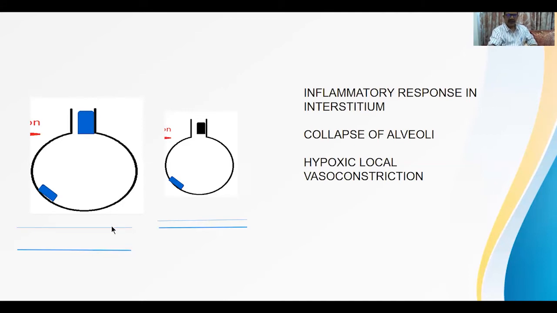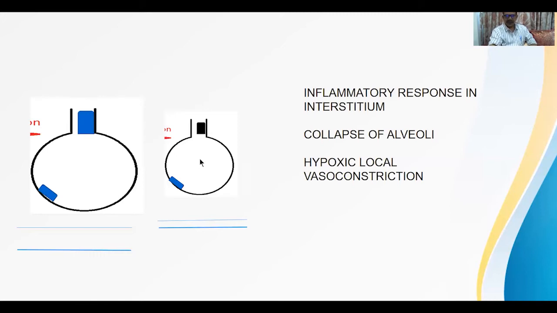If you see the bottom part of the figure, this is the pulmonary vessel supplying this particular hypothetical alveolus. It is carrying deoxygenated blood, getting oxygen from the alveolus and going back to the heart. Suppose the alveolar PaO2 comes down.